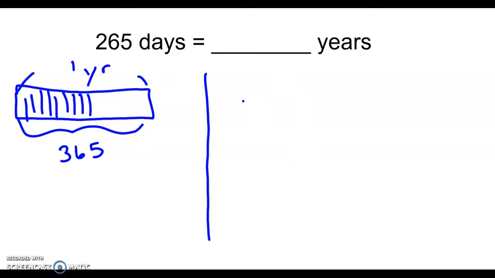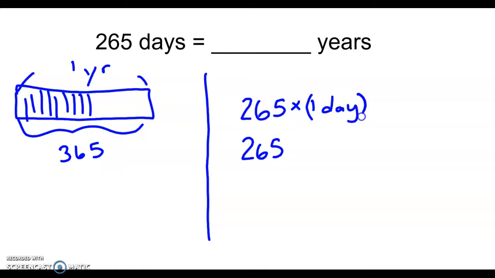So I'm going to take my 265 days and do 265, and I'm going to multiply it by 1 day. I'm just going to decompose that. And then I'm going to change this, or what we call convert it. I'm going to convert this into 1 day, which is 1 out of, or divided by, 365 days.